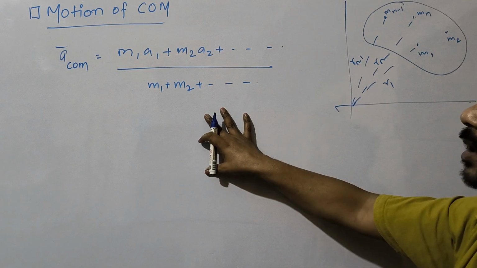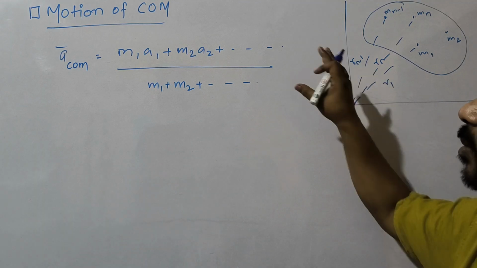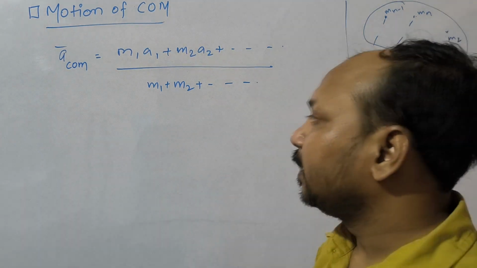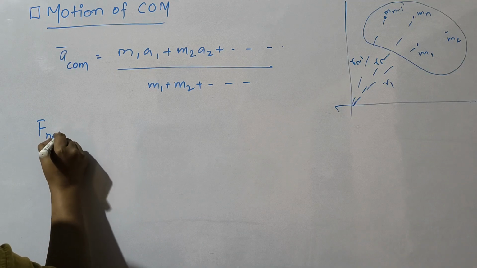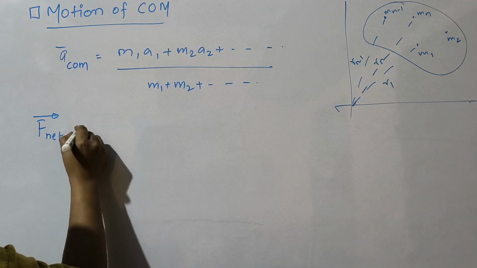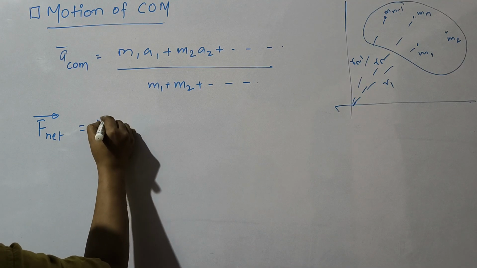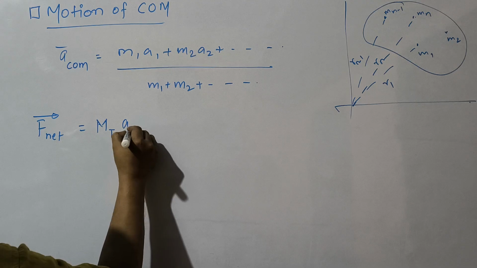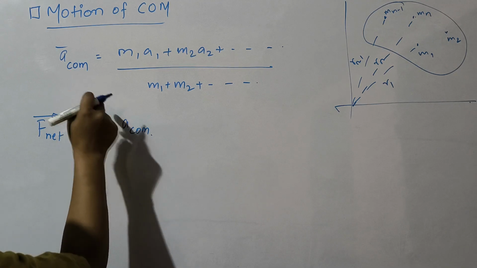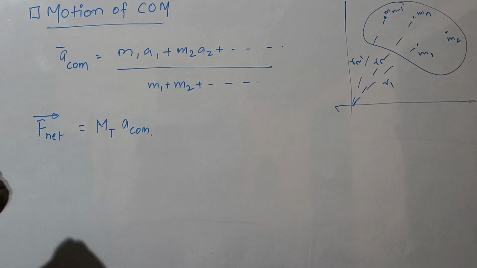So we can write the acceleration of the center of mass of the system in this way. The net force on the system can be written as total mass, that is the sum of all these masses, into the acceleration of center of mass. In this way we can write the net force.